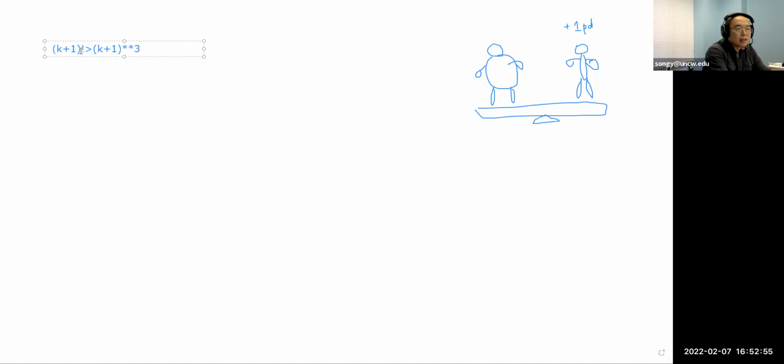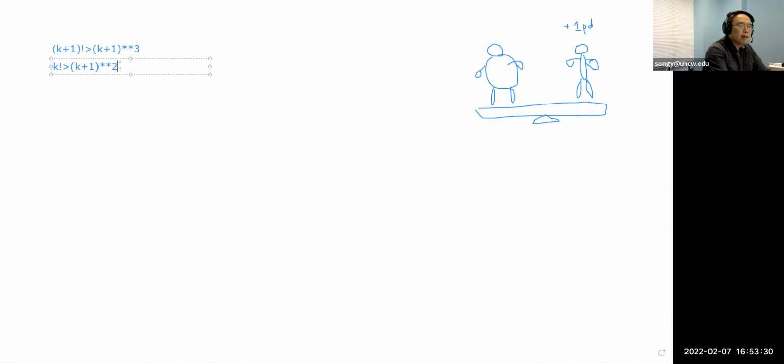To prove this, if we take out a k+1 from both sides, this is equivalent to proving k! is greater than (k+1)^2. So we are canceling a k+1 on both sides, right?